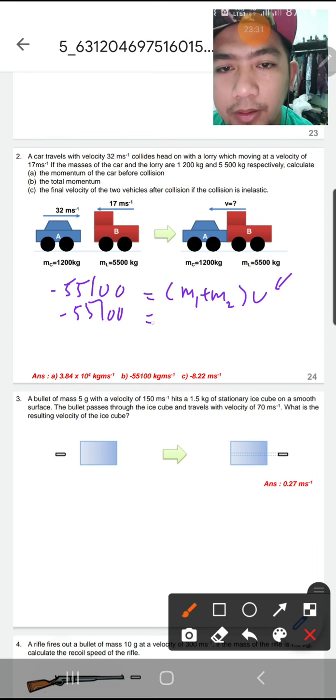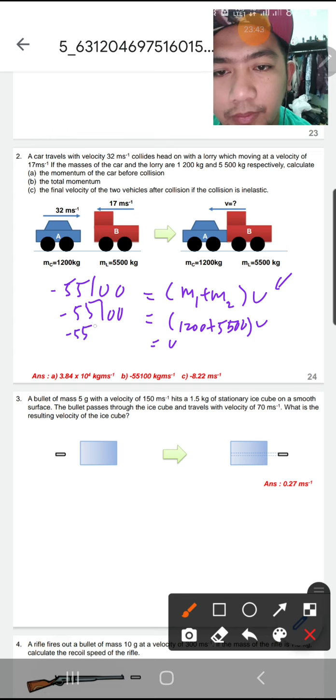Okay. M1 plus M2, 1000 plus 5500, times V. So V equals negative 55,100 divided by 6,500.